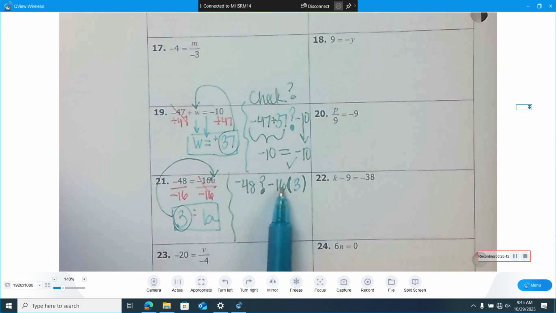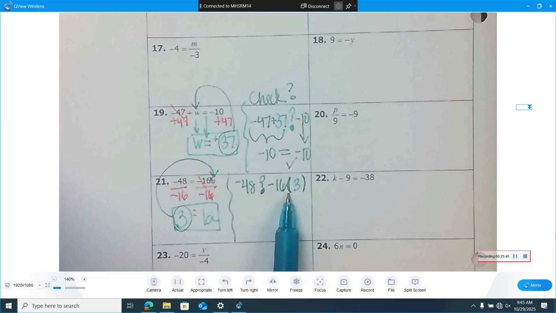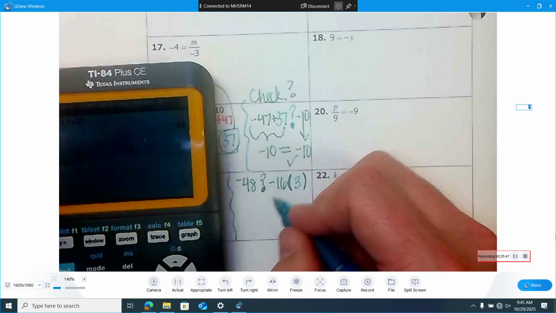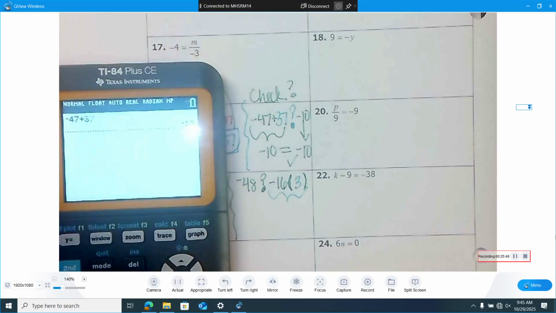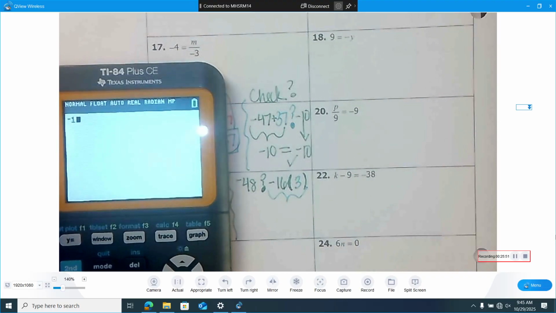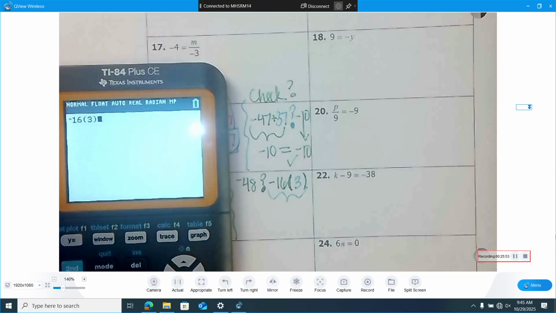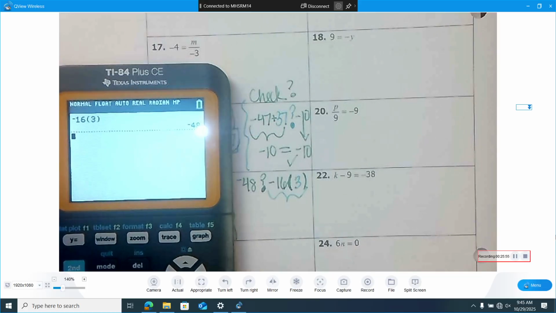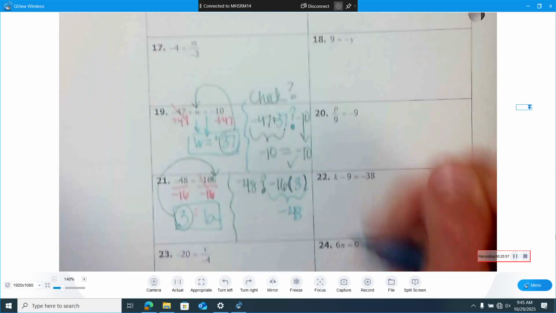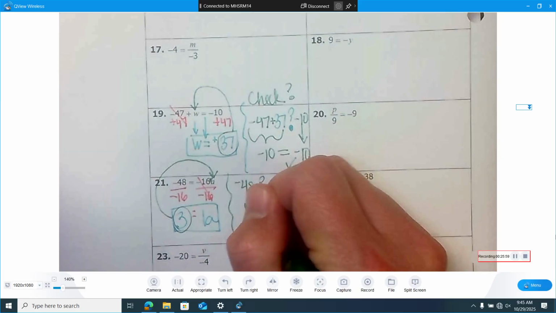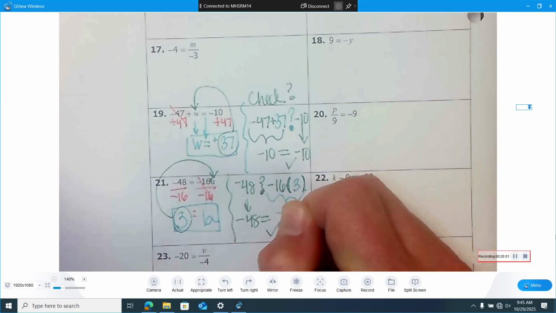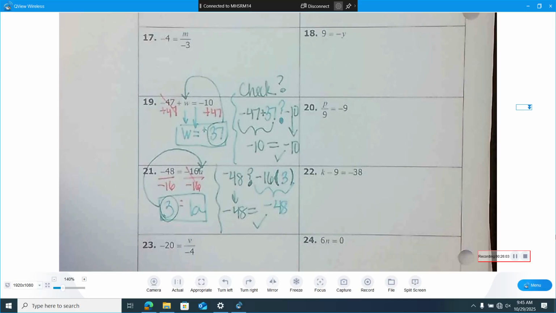So I'm going to put it in like that, negative 16 parentheses 3. And I want to do this operation in my calculator here. Let's see what we got. Negative 16 parentheses 3. And I get, yay, negative 48 is equal to negative 48. So we balanced that equation perfectly.